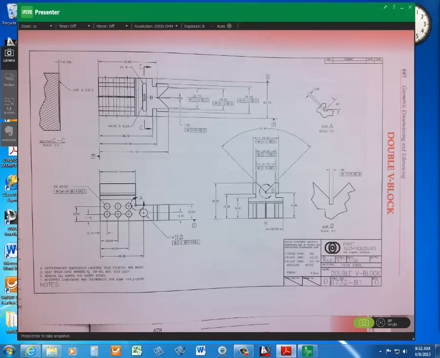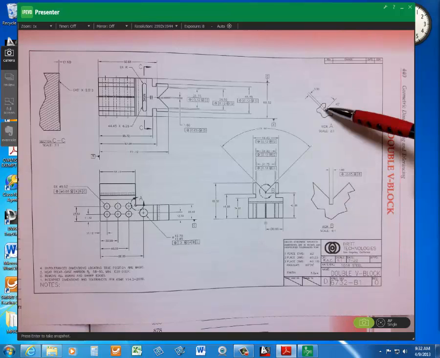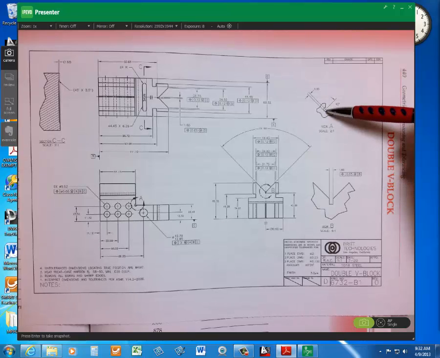Same reason why we put a radius, in this case, look here, we have the funky looking little groove, radius, cut into the part. You would think, looking at that, why would you want to do that?